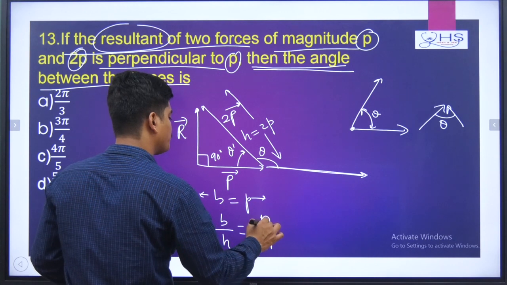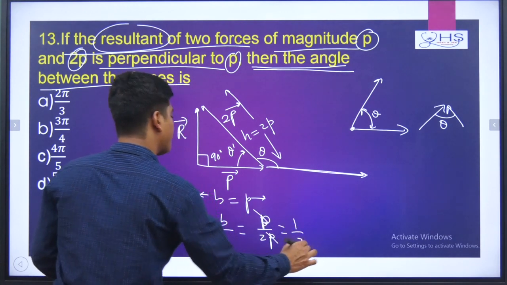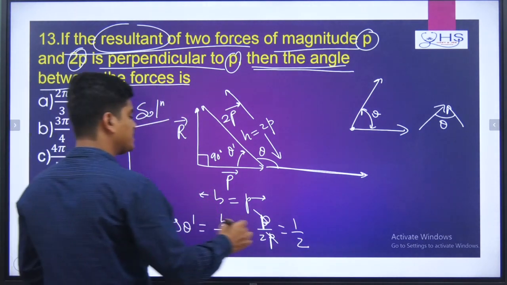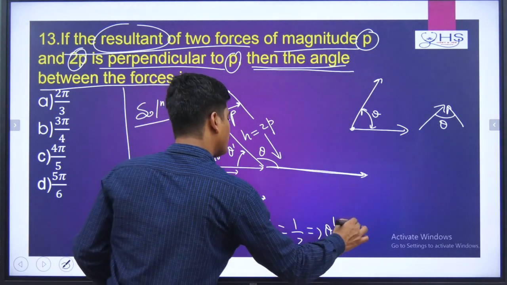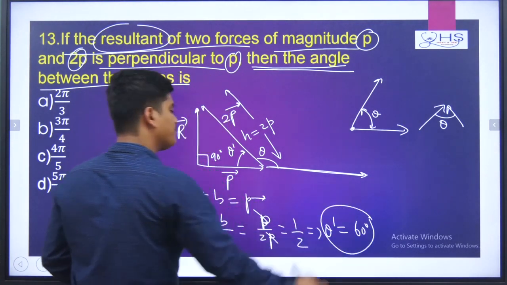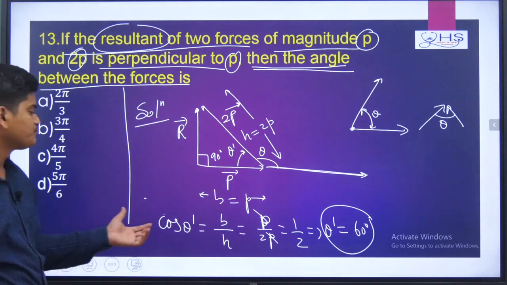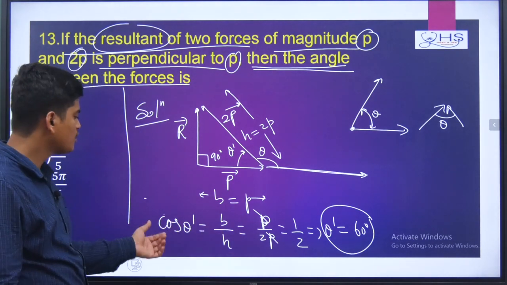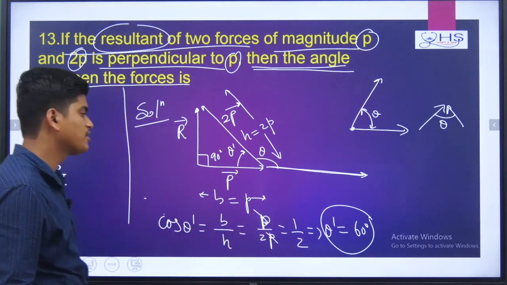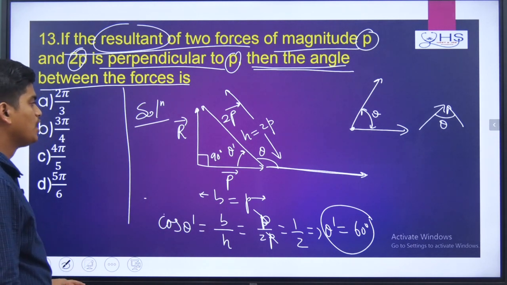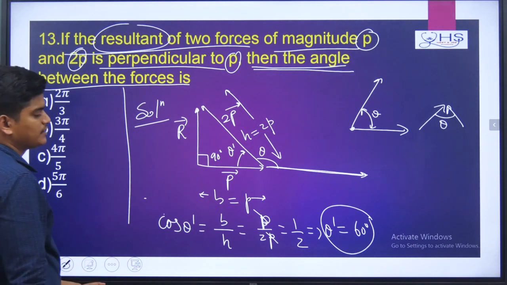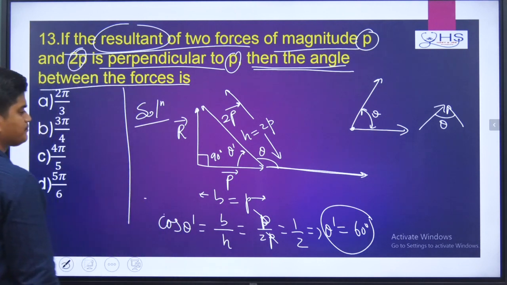Now P and P cancel, you will get how much? Half. Cos theta prime is half, which means theta prime is how much? 60 degrees. So you must remember trigonometric formulas. It is very important. Trigonometric theta relations and all. Cos theta prime is half means theta prime equals 60.